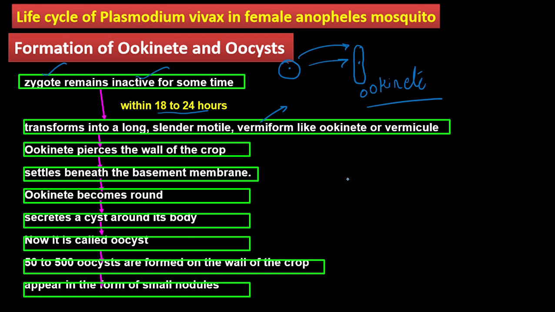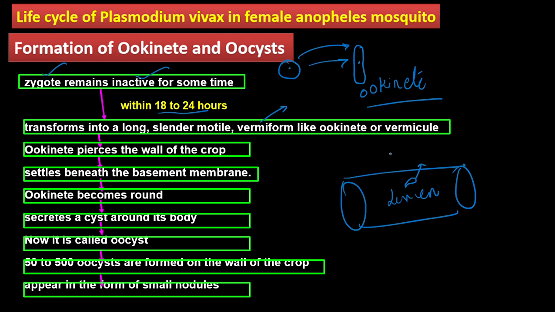Now the ookinete pierces the wall of the crop. अब तक सब कुछ कहाँ हो रहा था, ल्यूमिन में हो रहा था, यहाँ हो रहा था. Now this vermiform is going to pierce the wall of the crop, पियर्स मतलब होल करना.